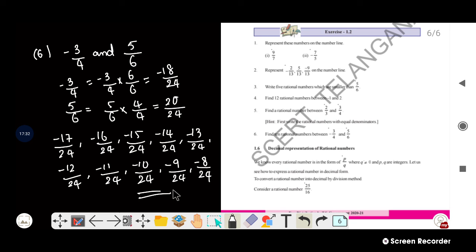So these are all 10 rational numbers. Once you count that, 1, 2, 3, 4, 5, and the down is also 5, total. So 10 rational numbers will be done. So this is the exercise number 1.2. So in next exercise we will discuss.